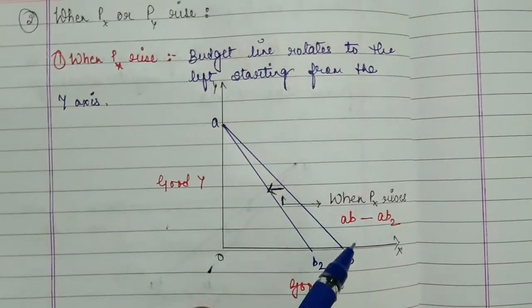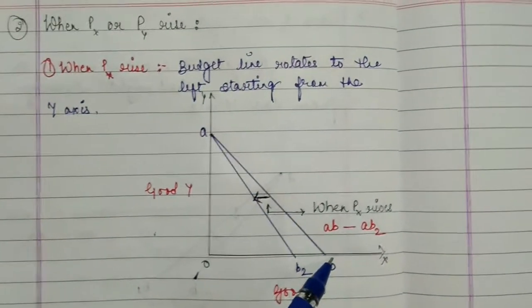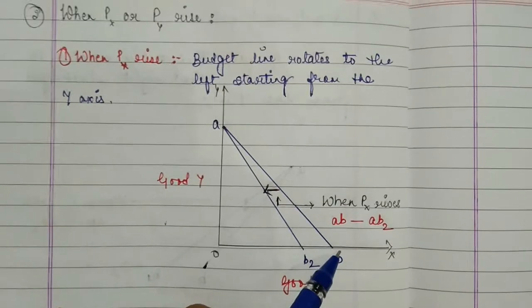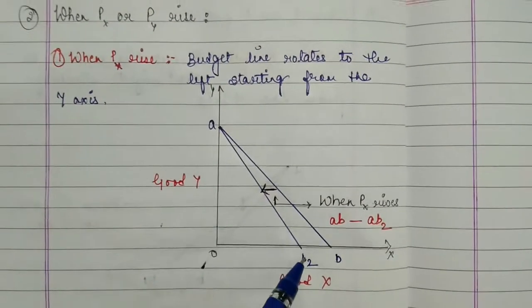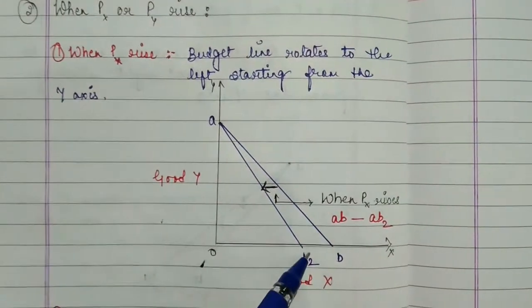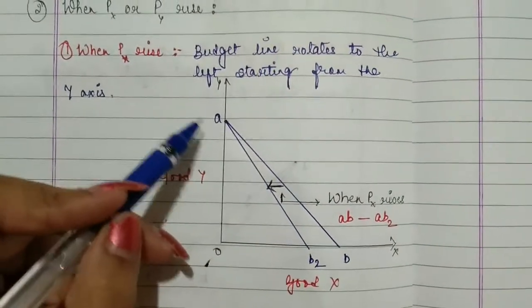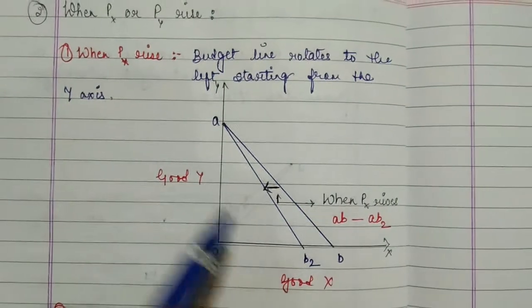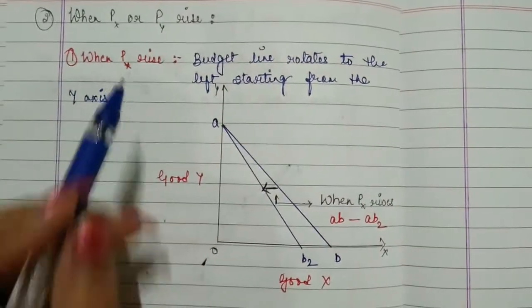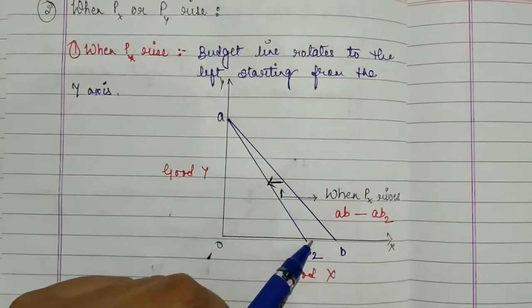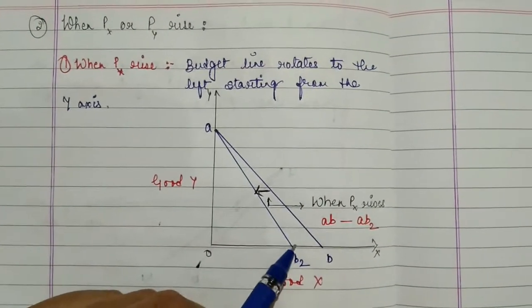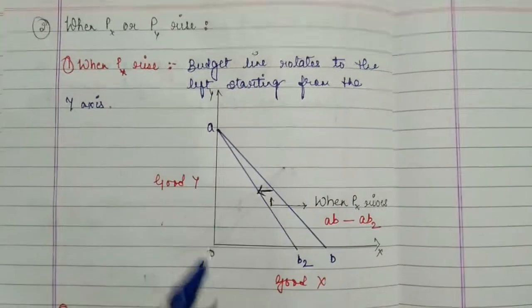So AB was the slope when the price was 10, and when the price rises to 15, the consumption of good X will be reduced. That will be from AB to AB2. Hence when the price of good X rises, it rotates to the left starting from the y-axis. This is how the budget line is affected when the price of good X rises.